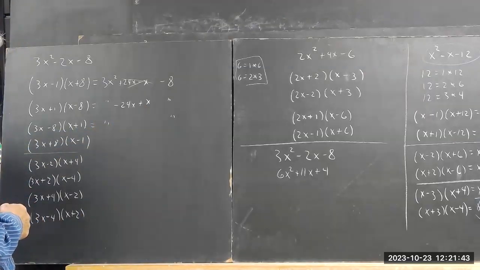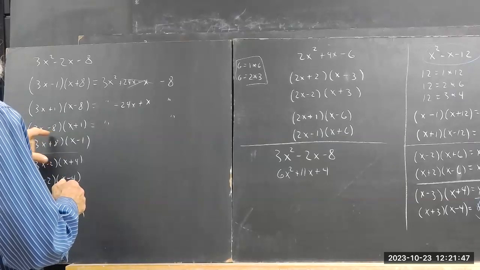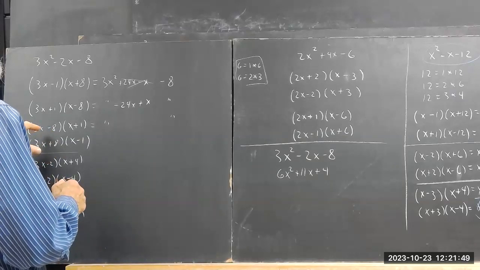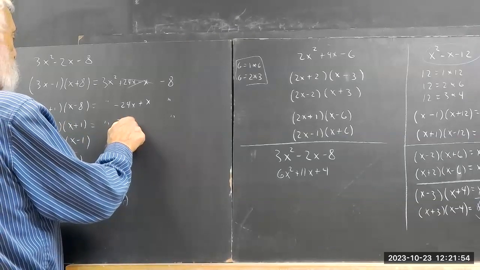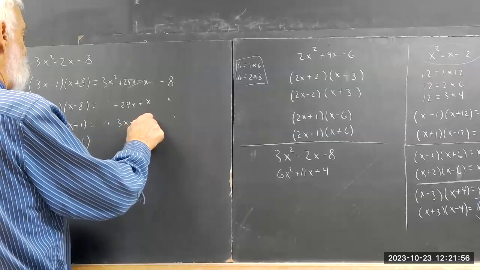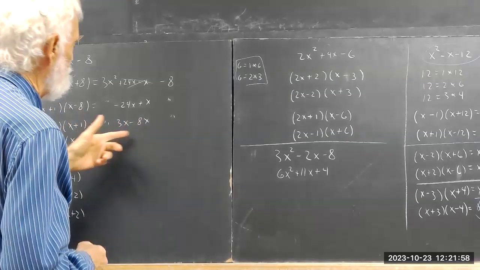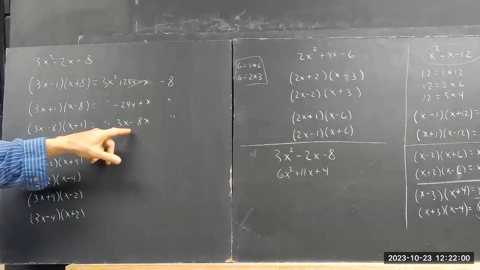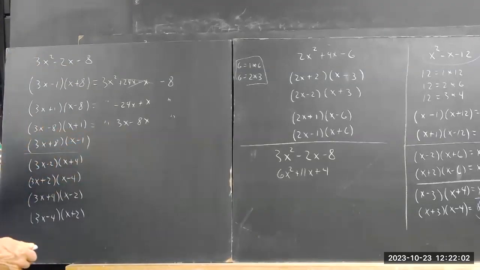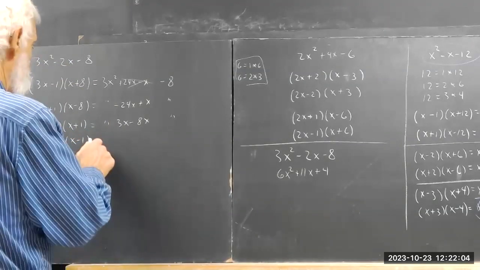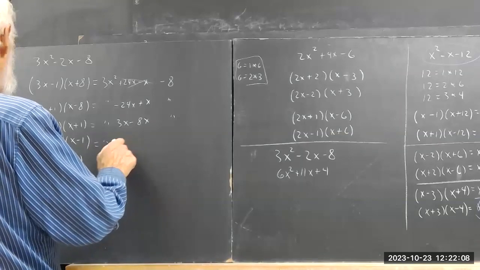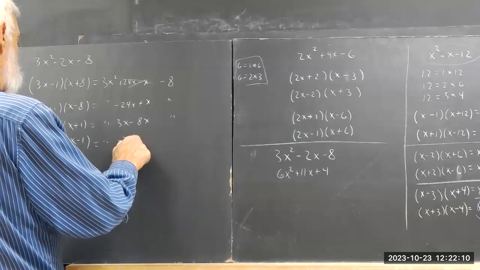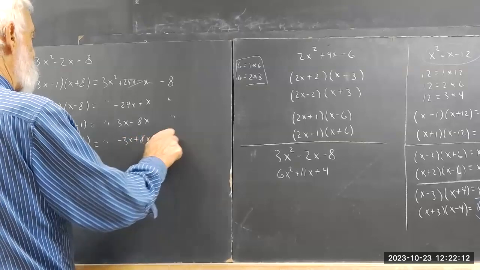Now here, we're going to get 3x times 1, which is 3x, minus 8x. Well, that doesn't give us minus 2x, it gives us minus 5x. So it's getting closer, but it doesn't work. And this one is going to give us the same stuff, but it's going to give us negative 3x plus 8x.